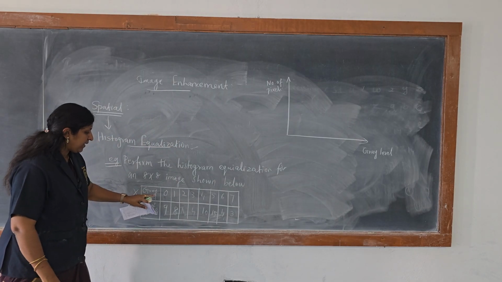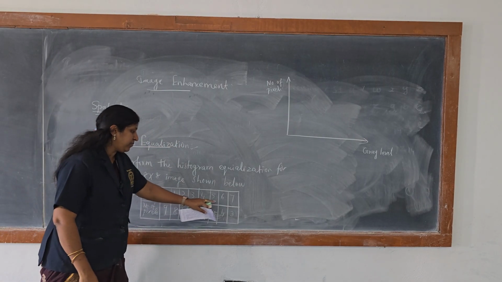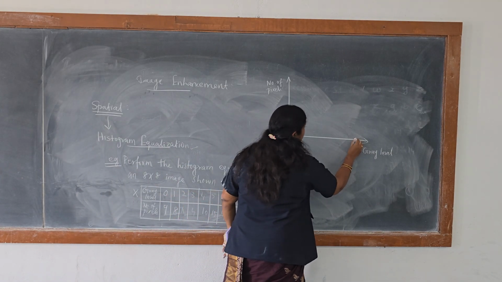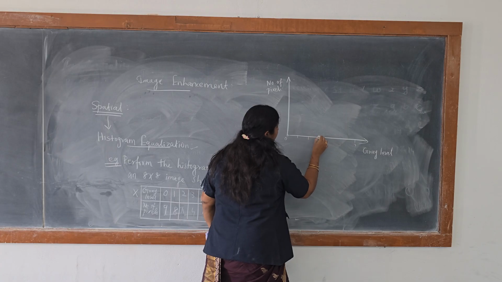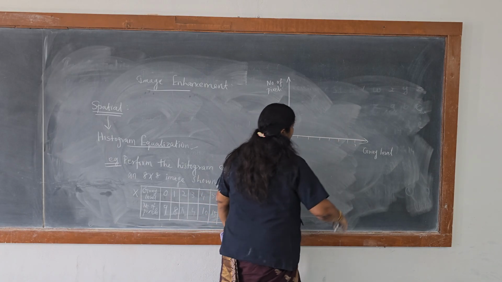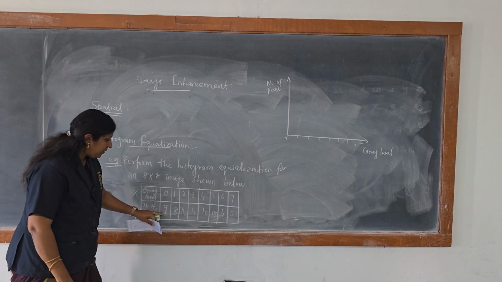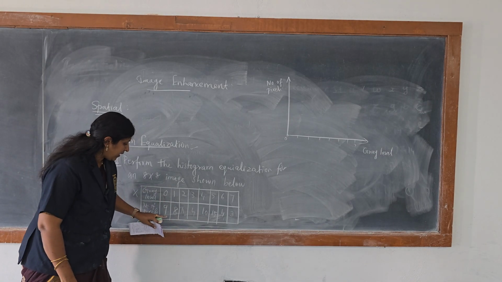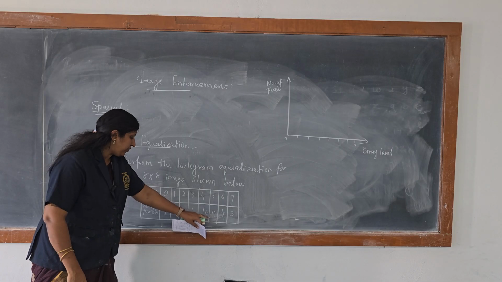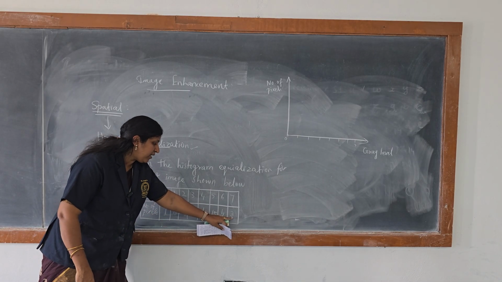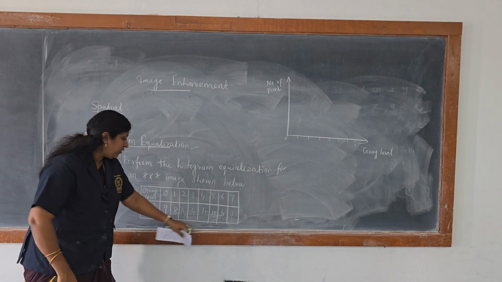The gray level values vary from 0 to 7: 0, 1, 2, 3, 4, 5, 6, 7. And the number of pixels ranges from 3 to 15. The least value is 3 and the highest value is 15.